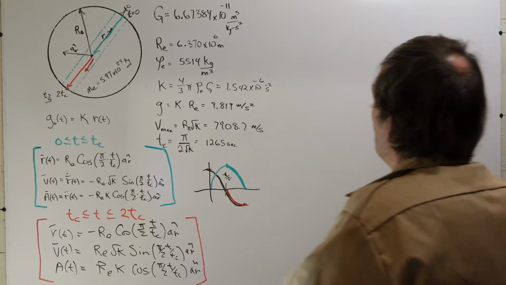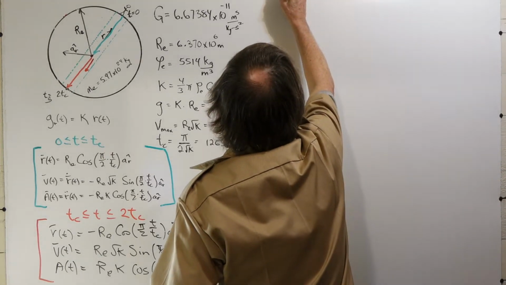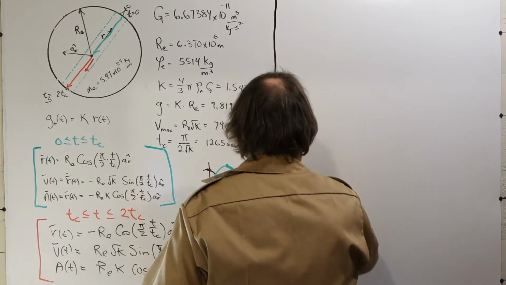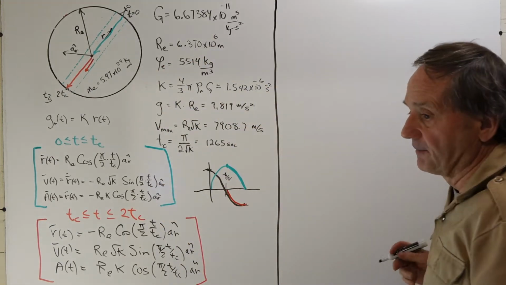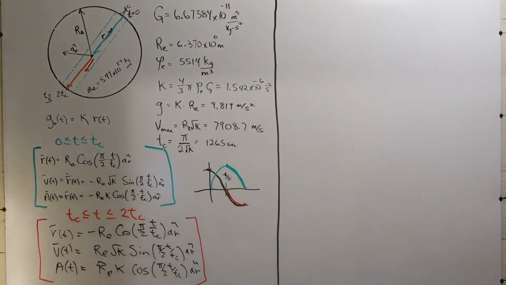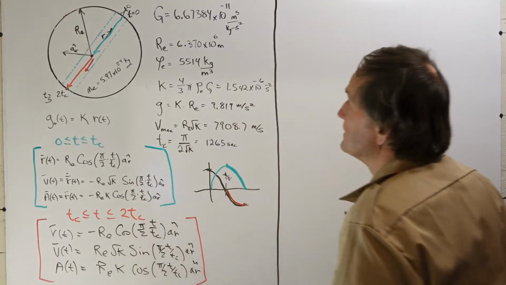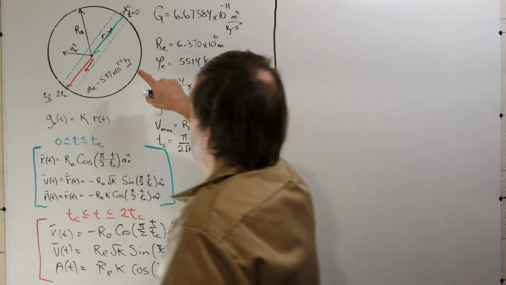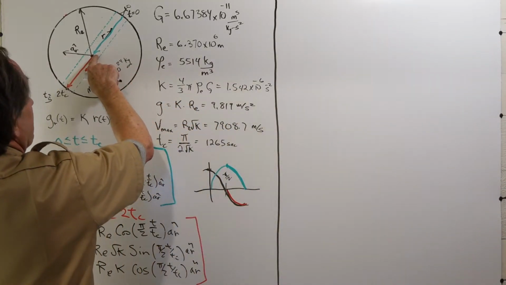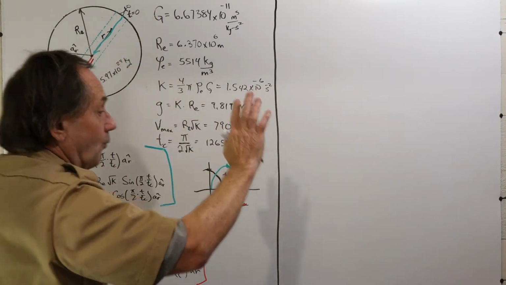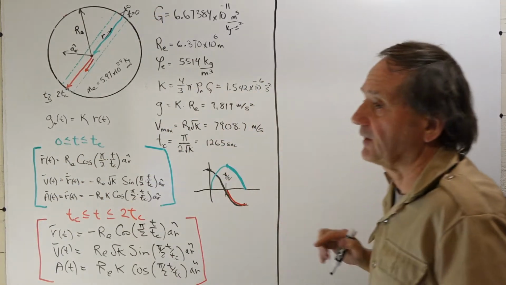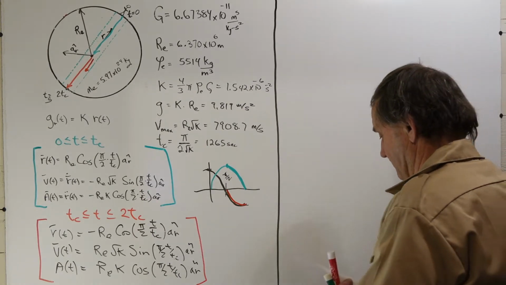Now, one last issue here. Let's separate this out. Here is our solution. This is the summary of everything. Now, let's look at what happens when we move from the interior, from the center of the Earth on outward, to the gravitational acceleration.